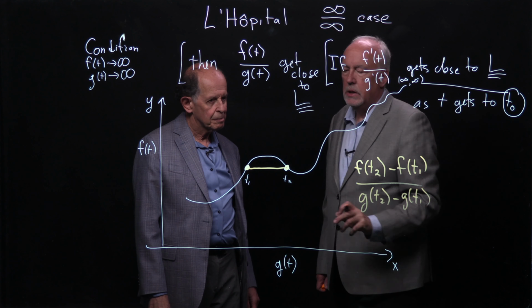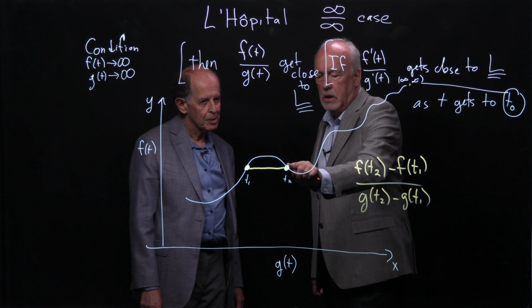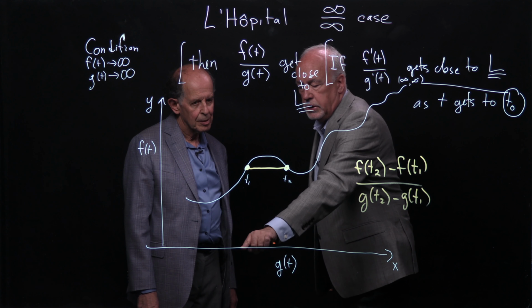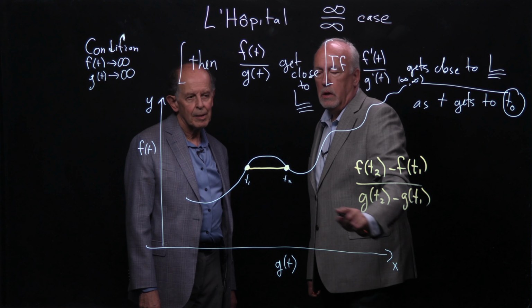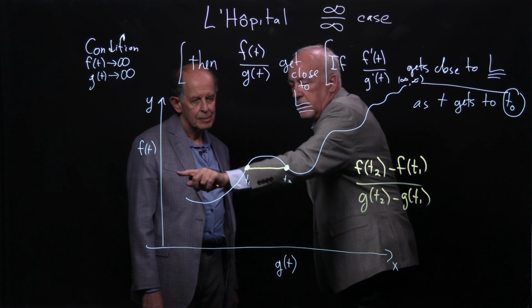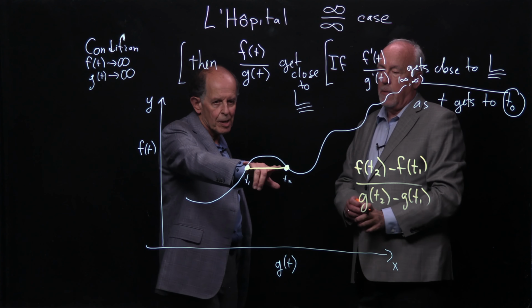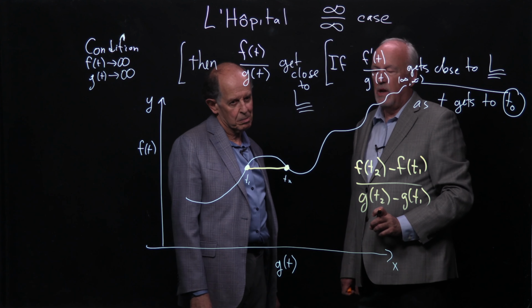We didn't actually write it on here because it was going to be a kind of a mess, but the x part is g of t2, here's g of t1. So this is the change in the horizontal part. The change in the vertical part is f of t2 minus f of t1. So that's the slope. In this case, f of t2 and f of t1 are almost the same.